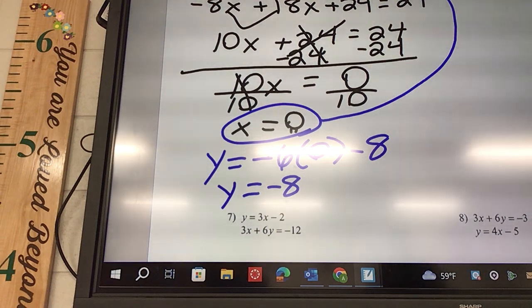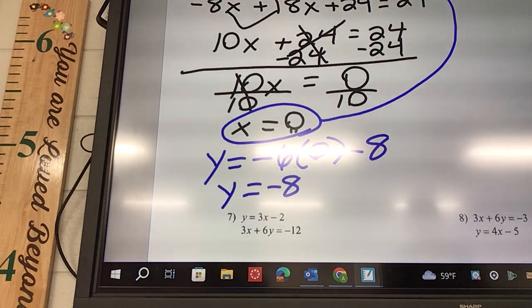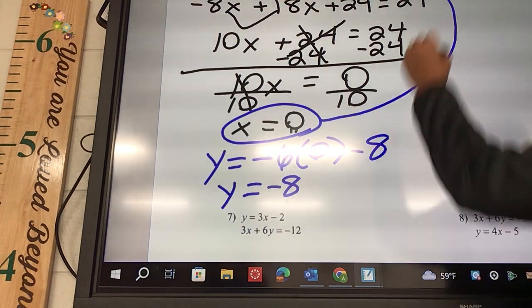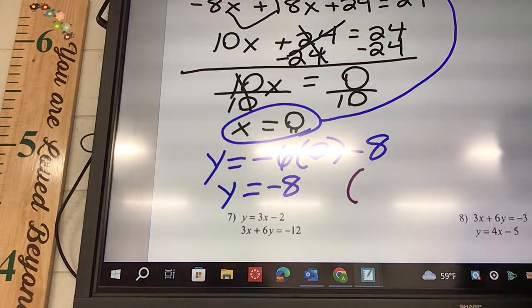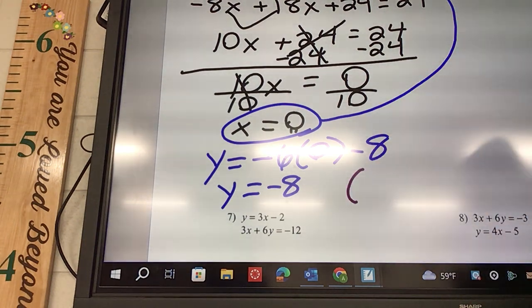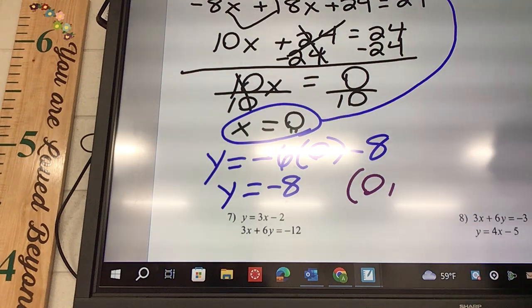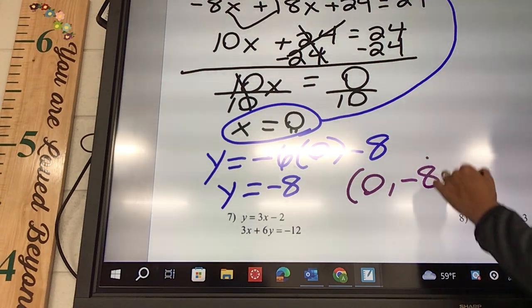Now that you can see, you used a lot of space, so if you run out, make sure you write smaller in the next one. Then our last step is to write that as a coordinate. What is x's preferred name? 0. What is y's preferred name? Negative 8.